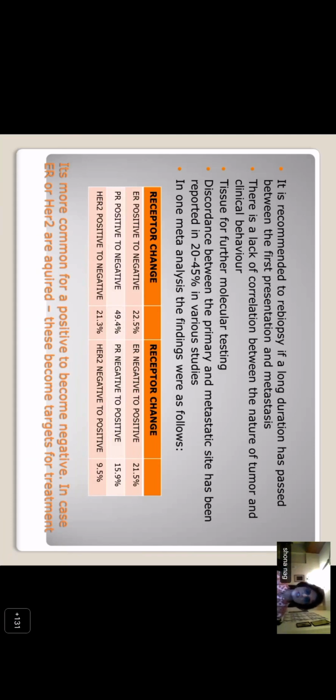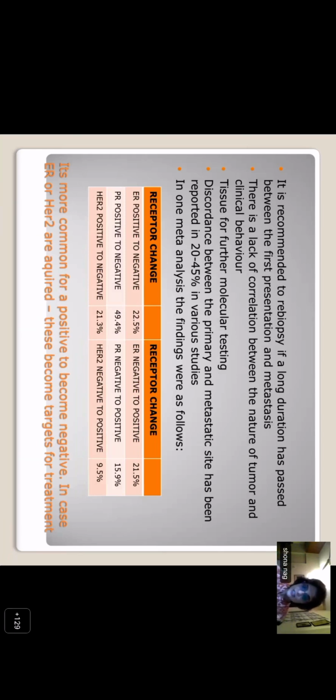And we have seen discordance reported very widely, from 20 to 45% in many studies. So I've picked up just one meta-analysis, which shows you the receptor change from ER positive to negative, PR to negative, HER2 positive to negative, the most common change being PR, followed by ER, and then negative to positive, which is much rarer. So it's more common for a positive to become negative.